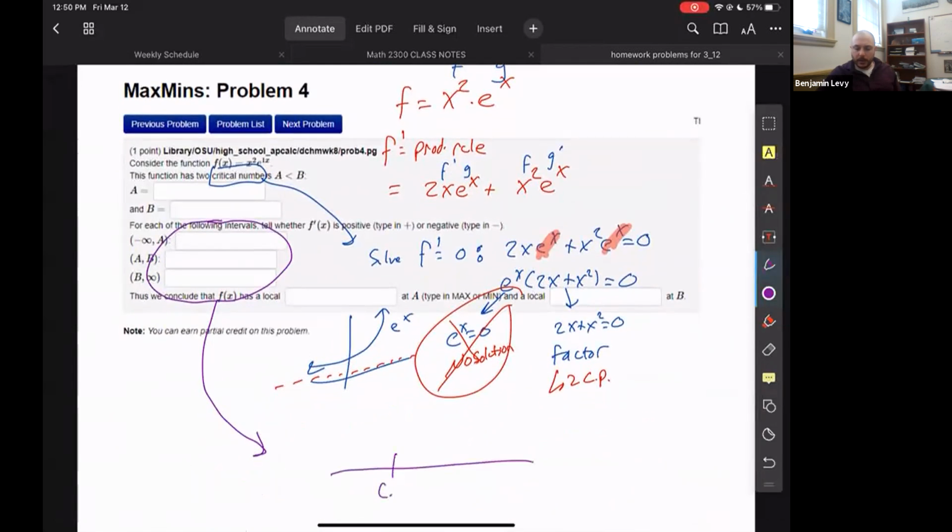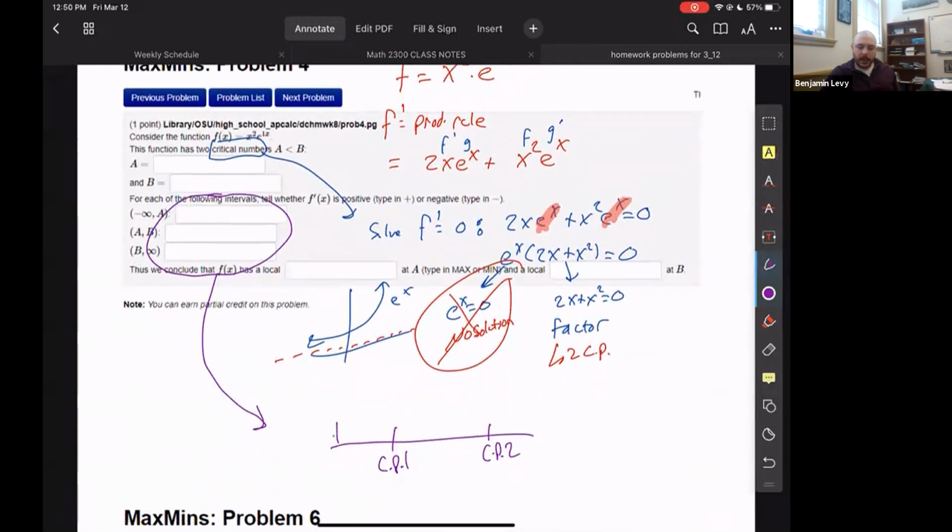So you'll have critical point 1 and critical point 2. And then you just want to test some values in between them. That'll tell you increasing or decreasing. So you test them in the derivative, of course. And that's how you fill in that table right there.